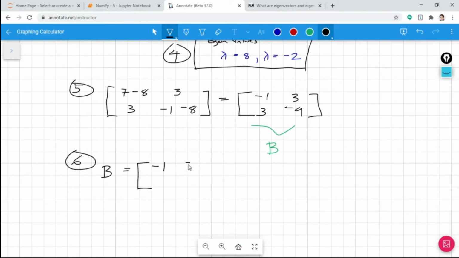So we got 3. So 3. So negative 9. Okay. So we compute for the x and y value. So this one is equivalent to 0.